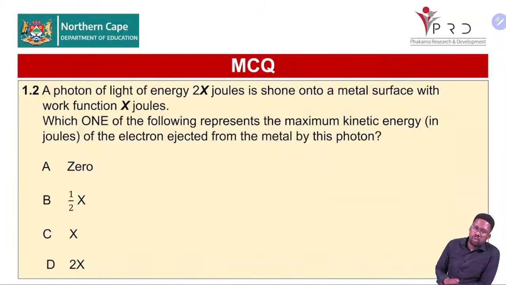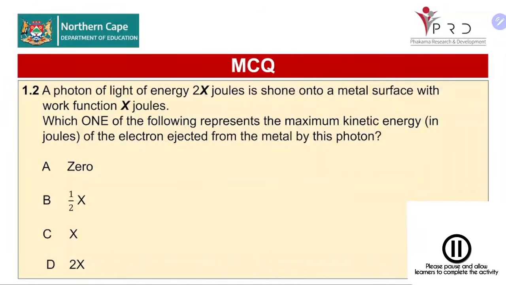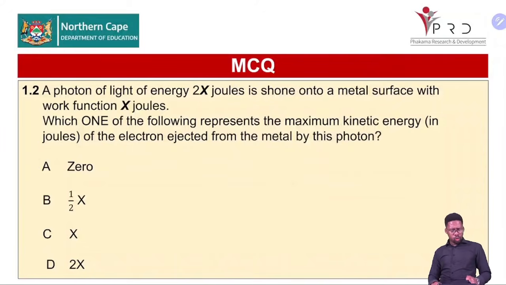Let's do 1.2. Right, 1.2, the question is saying a photon of light of energy 2x is shone onto a metal surface with work function x joules.